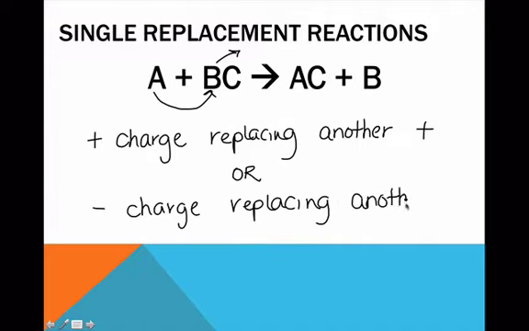So what you're going to look for is the one that's by itself. If the one by itself is positive, it's going to replace the positive that is in the compound. There are the two that are going to switch places.